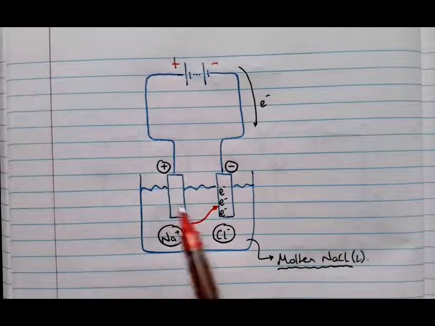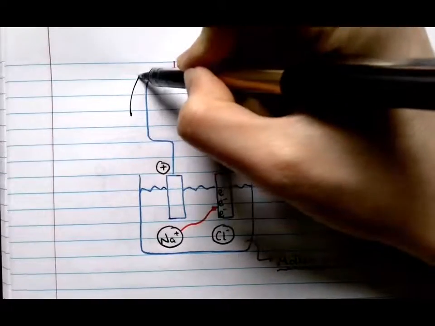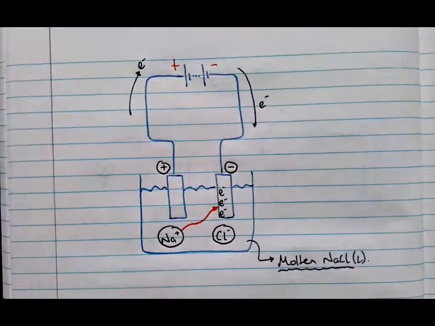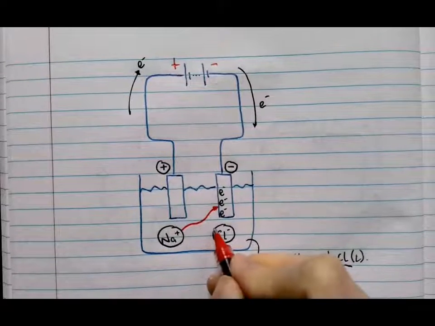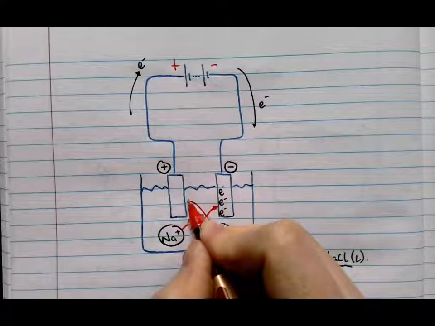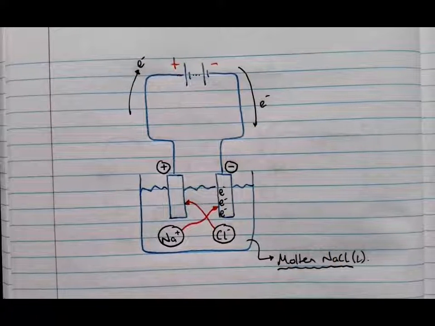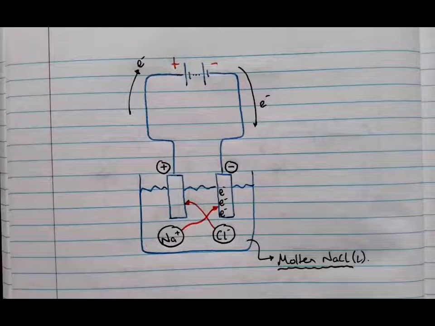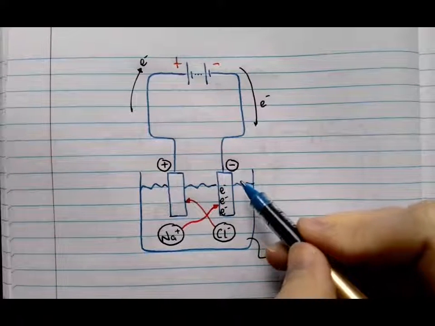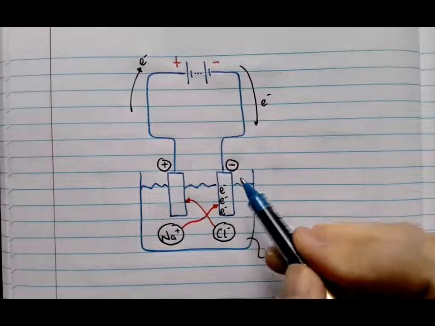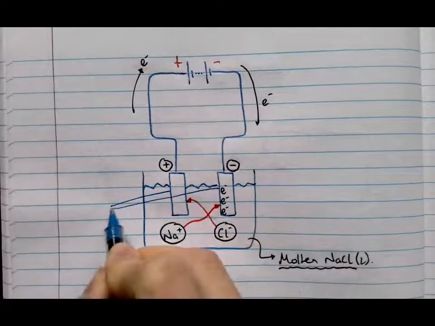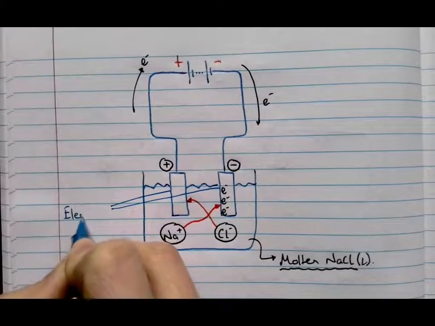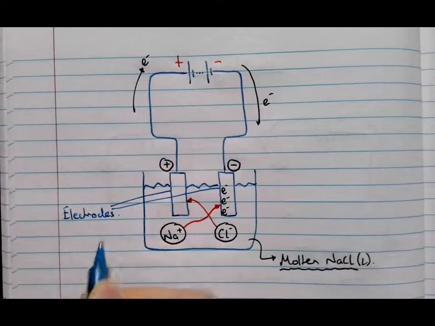And because this is positive, remember, because the electrons are moving around this way, so electrons are moving away from this end, it's positive, which means that it attracts the chloride towards it. Now, these two things here are called electrodes.